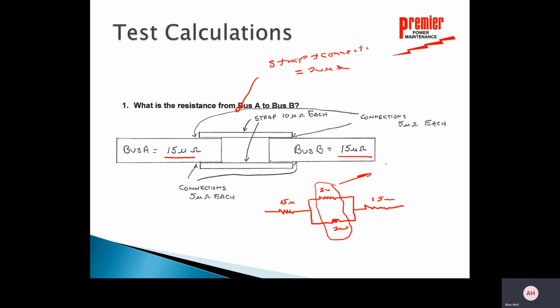It's the product over the sum. So that's 20 times 20 over 20 plus 20. That's 400 divided by 40, which equals 10 microohms. So this entire circuit is 15 plus 10 plus 15, which is 40 microohms.